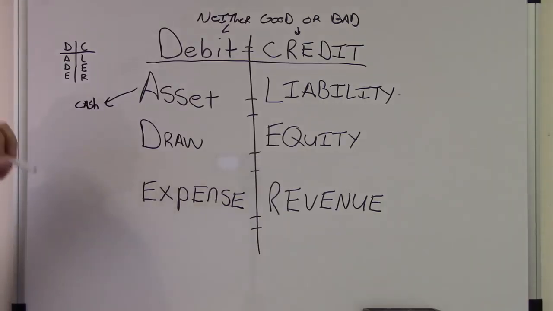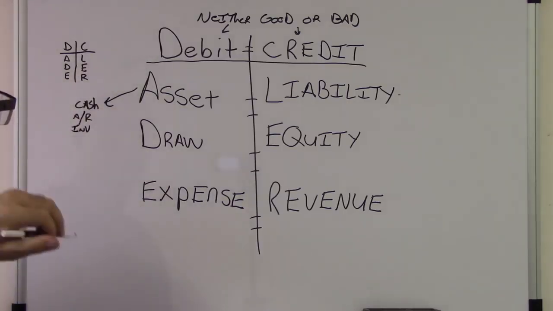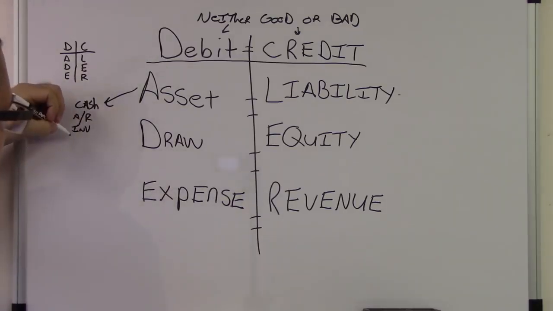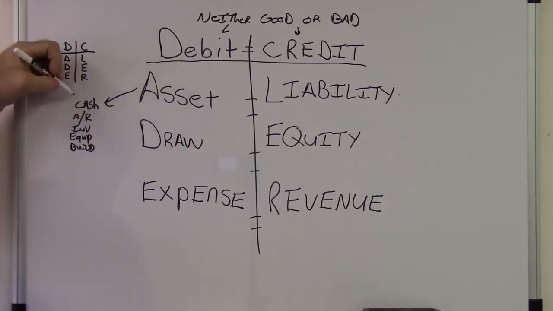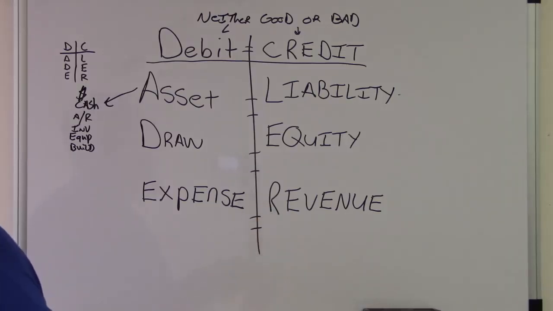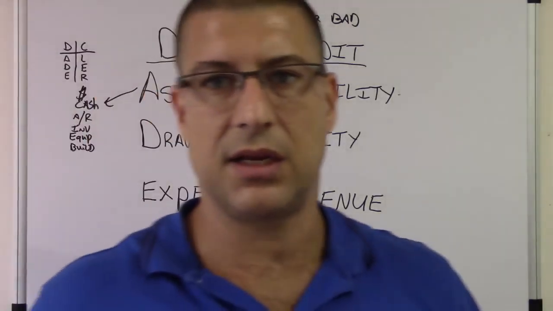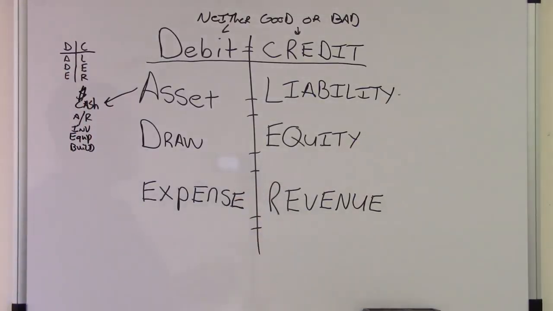But you also have accounts receivable, inventory, equipment, buildings. So that's assets. But let's focus on cash. Cash is the most common, and a lot of entries, especially in the beginning, you want to know what to do with cash, and that'll help you. So those are the assets.